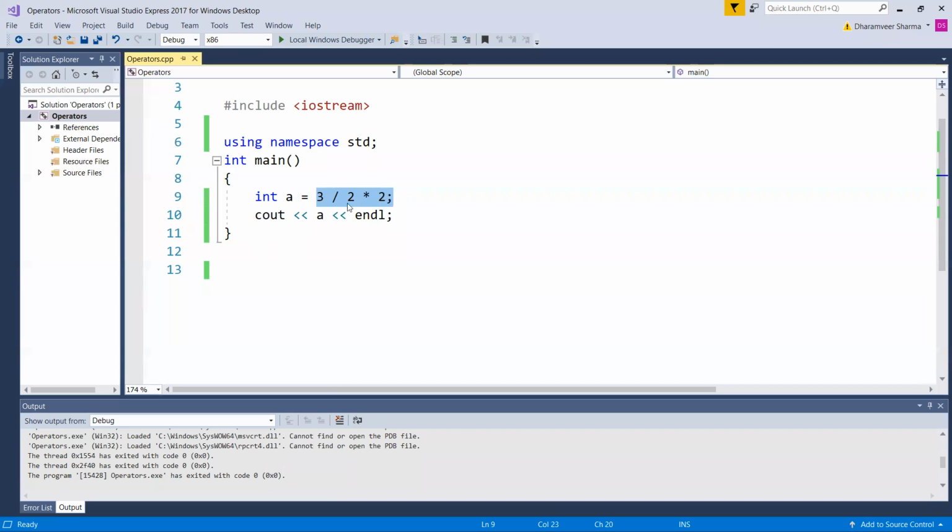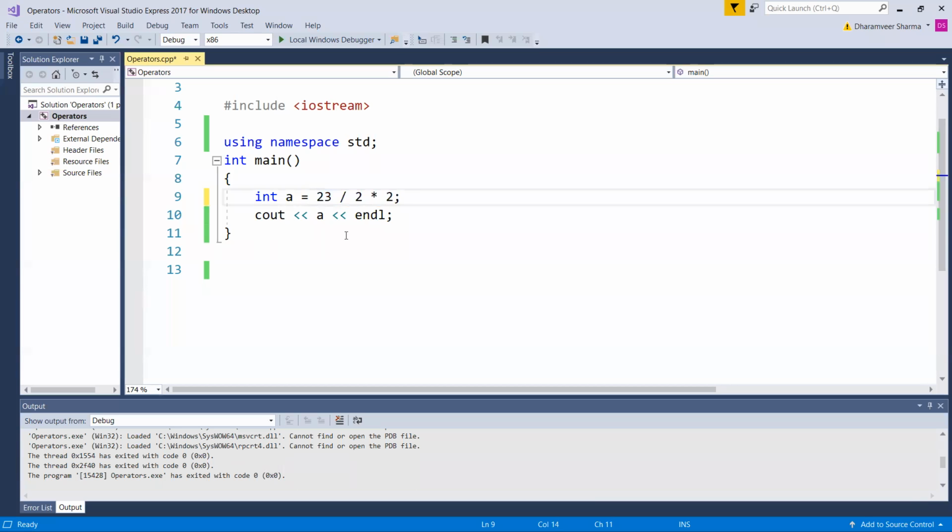When all values are integer, it means the expression is integer. So since both of them have the same precedence, associativity will work. First 3 divided by 2. Since both are integers, the result will be integer. So it will not be 1.5, it will be 1. Into 2, it will become 2. That's why the answer is such.